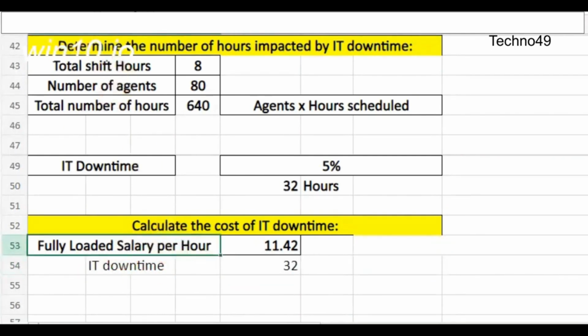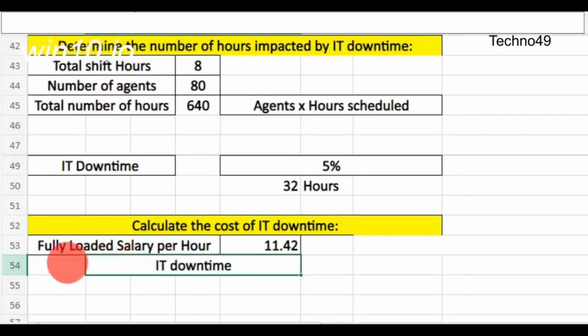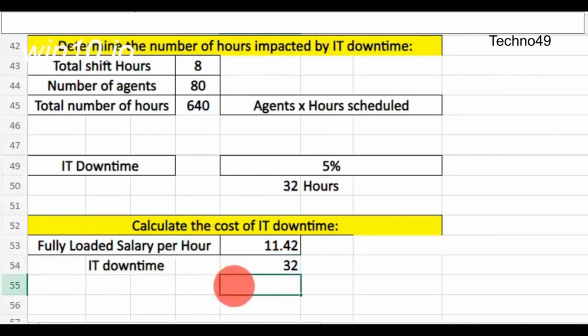On the basis of this calculation, we have a simple scenario to find the correct answer to this question. So we have 32 hours, and the total cost would be the multiplication of 32 hours by 11.42. So now you can see that 365.44 would be the cost of IT downtime.